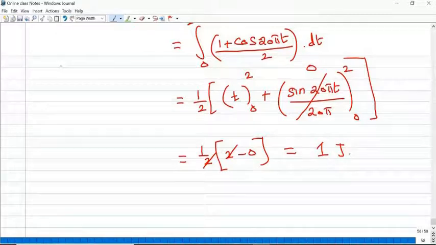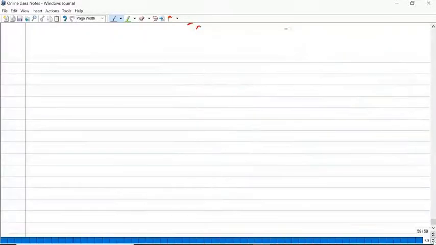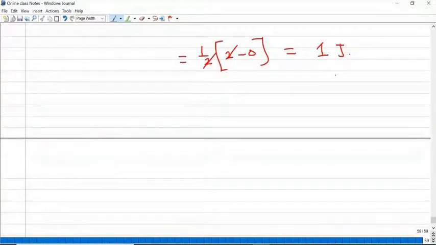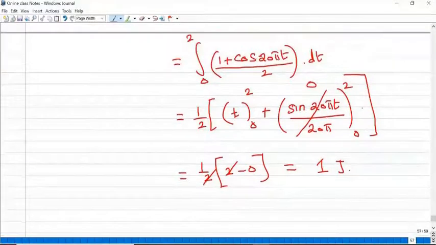So for any kind of signal, whether a signal sketch is given or a mathematical equation is given, draw the signal carefully using the basic operations on signals and then apply the formula.